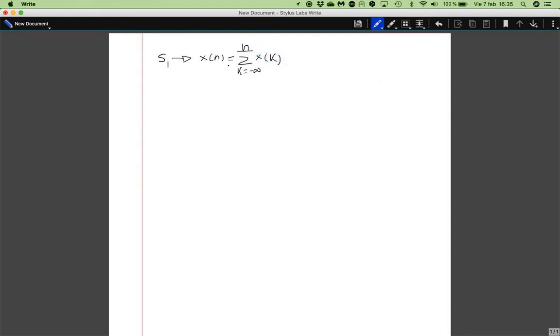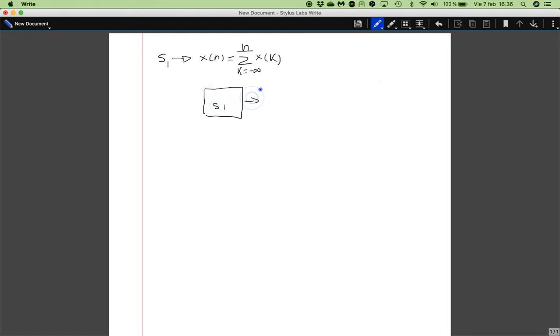So it tells us that you have to sum over all the values from minus infinity up to the point n where the signal is. This is the output of the system. And they say that we are going to make a new system putting two of those S1 systems in series.